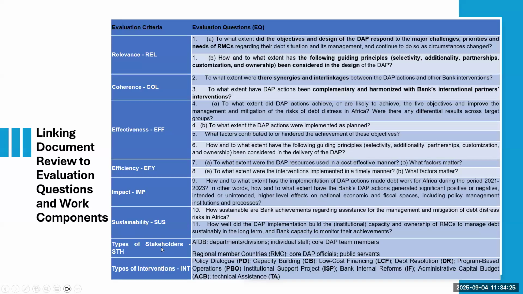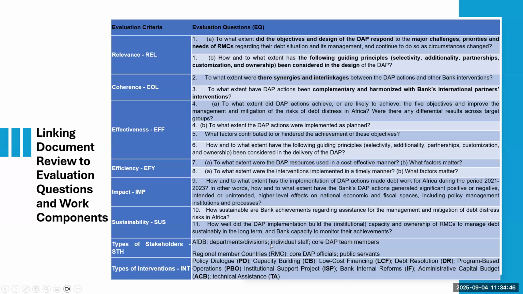So you need to map the type of stakeholder. You have internal players, which are from AFDB, the African Development Bank. You may find in the document a reference to a department, then you will code it as a department.